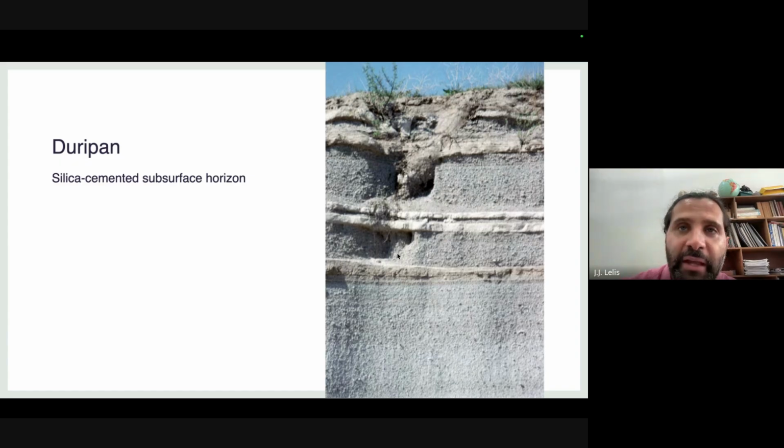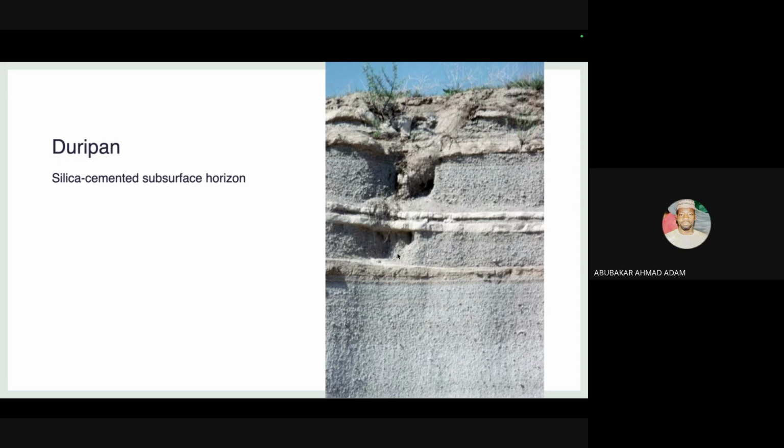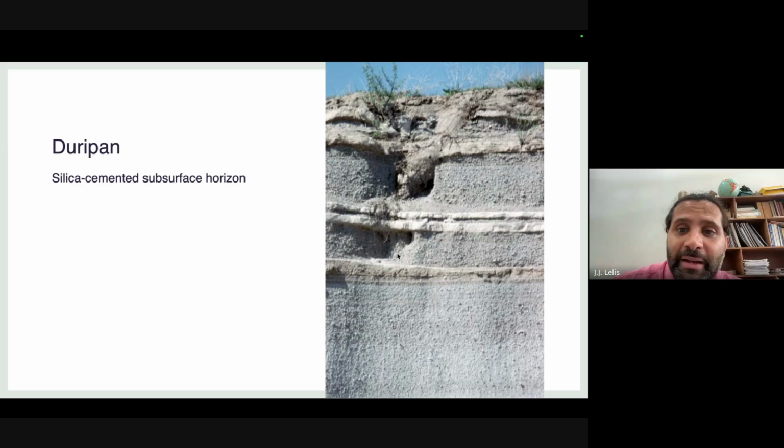Hardpan is more like a word that we use to identify a horizon that has cementation, usually cementation by silica, but it's not the name that Soil Taxonomy uses. In Soil Taxonomy, we call horizons cemented by silica duripan, not hardpan. But yes, they are the same.